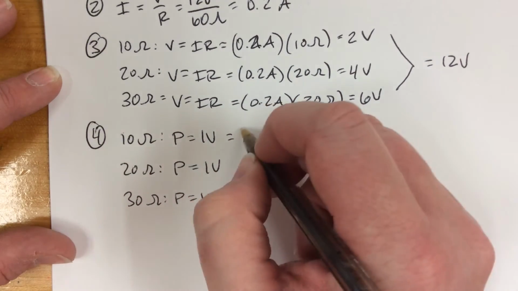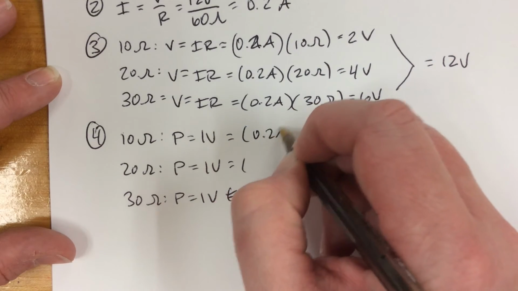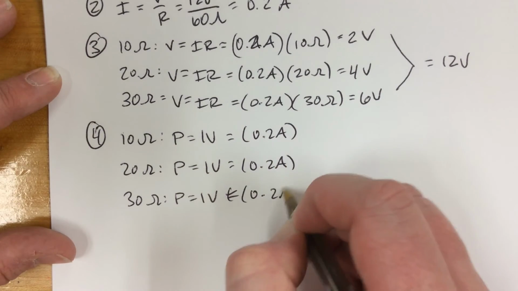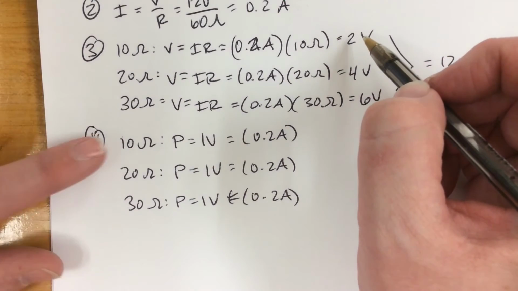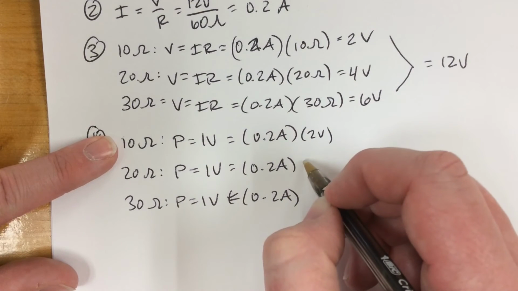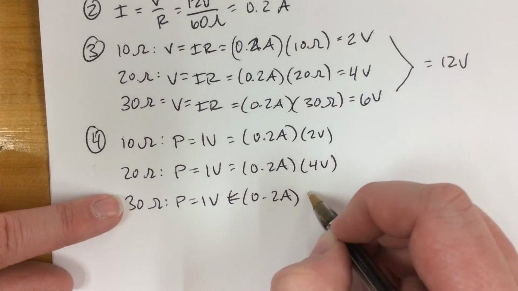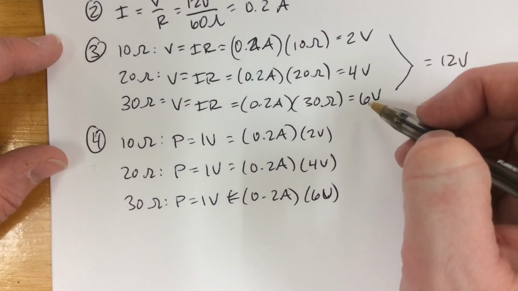And in each case, the current is the same: 0.2 amps, 0.2 amps, 0.2 amps. The voltage will vary based on what we have up here. So for our 10 ohm resistor, we'll use 2 volts. For our 20 ohm resistor, we'll use 4 volts. And for our 30 ohm resistor, you will use 6 volts, the voltages that we have up here.